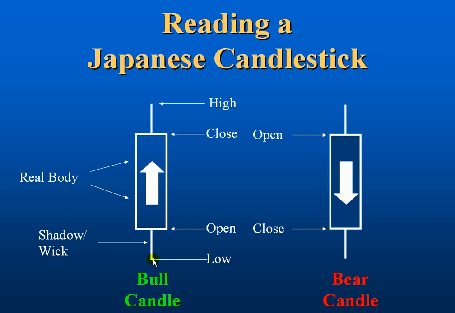If we have a 30-minute chart or a 60-minute chart pulled up, for example, this whole candlestick will represent the price action that has occurred during that 60-minute period. So again, we have the open. Price opened at this level right here. At one point it traded all the way down to this low, and price traded all the way up to this high during the time period and closed at this point right here, which makes it a bullish candle.